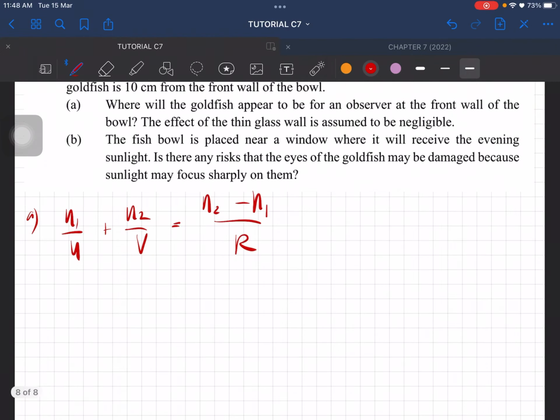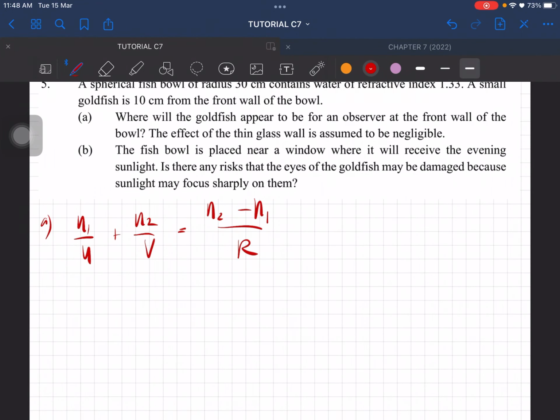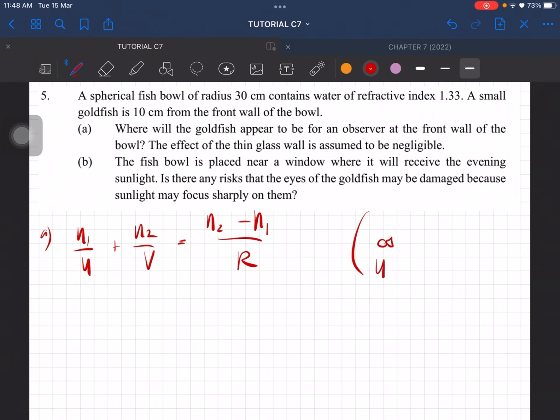Okay, so now the object is the goldfish. The object distance is 10 centimeter from the wall, and we have to find the image distance.